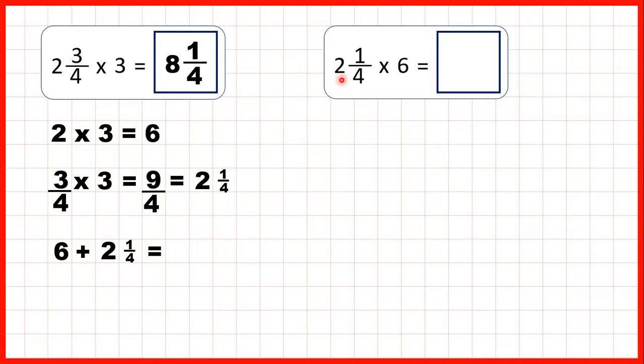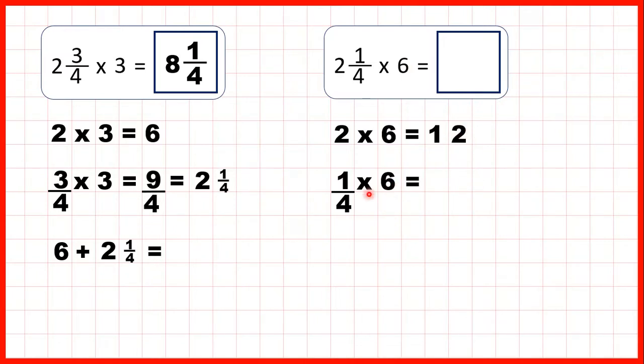Now let's try 2 1/4 times 6. Remember, we can multiply the whole number part of the mixed number first, then multiply the fraction part, then add up our answers. So 2 times 6 is 12, so we can work out 1/4 times 6 and then add up our answers.